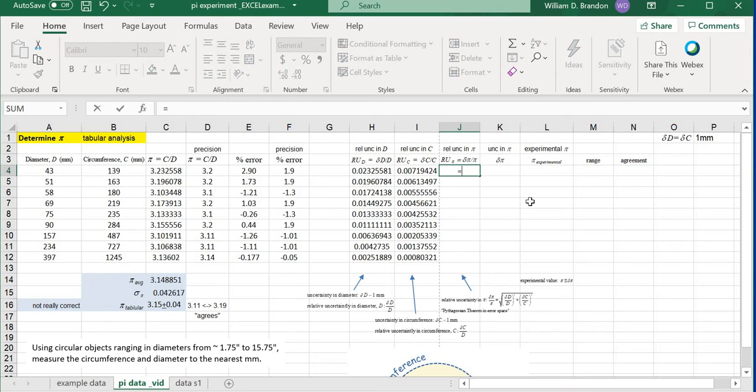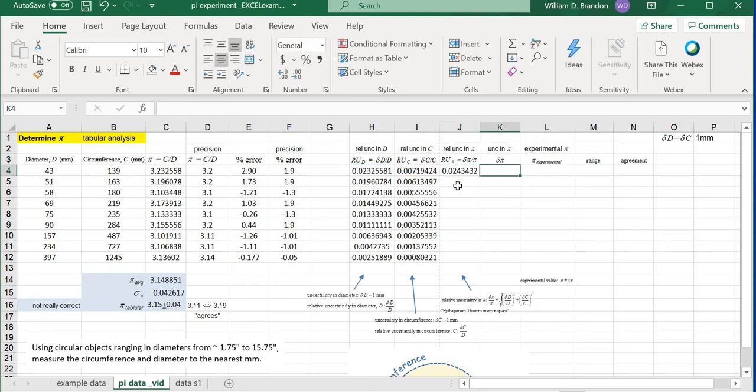So I just say equals the square root of, so we take this squared, relative uncertainty in d squared, plus the relative uncertainty in c squared.